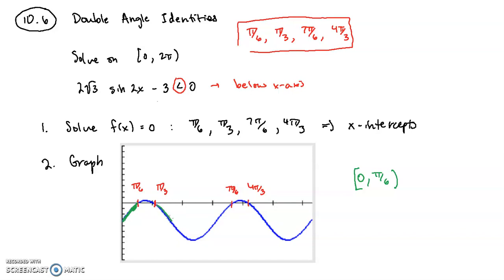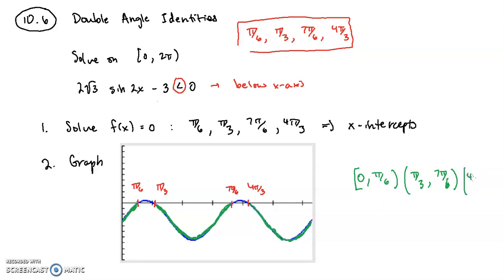And then I'm below again from here to here. Okay, so all of this where I'm shading. So that would be pi over 3 to 7 pi over 6, and both of those would be not included. Okay, and then again here, 4 pi over 3 to 2 pi.